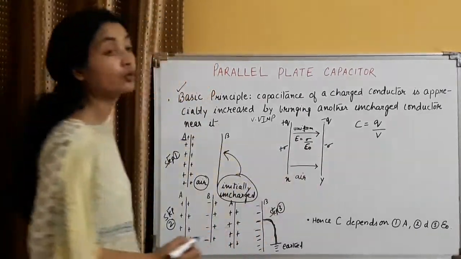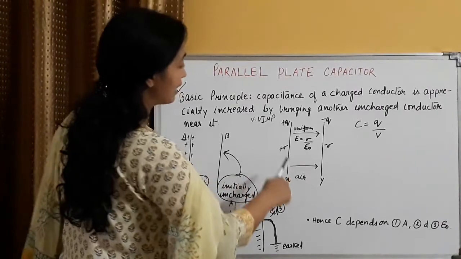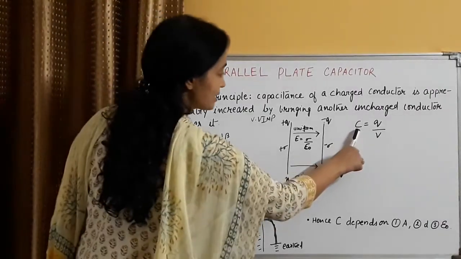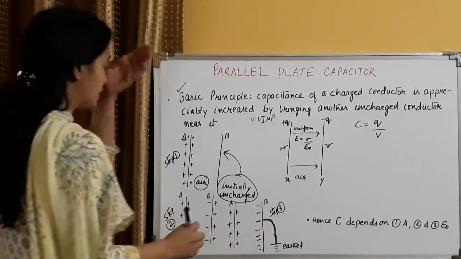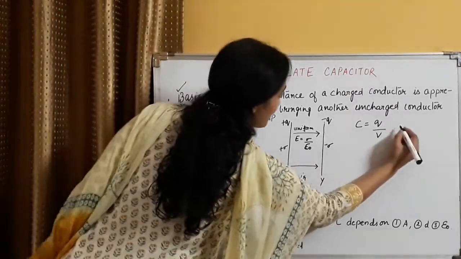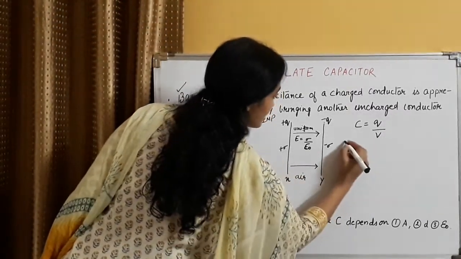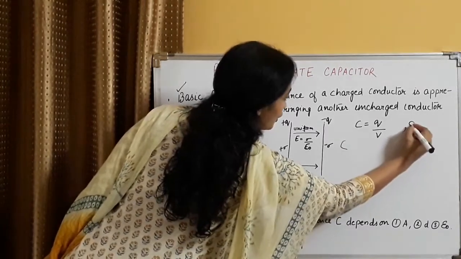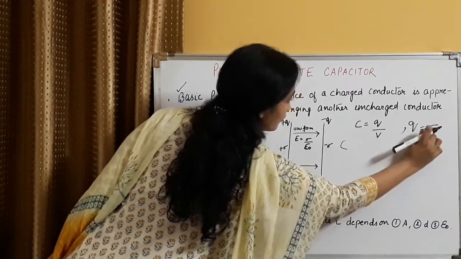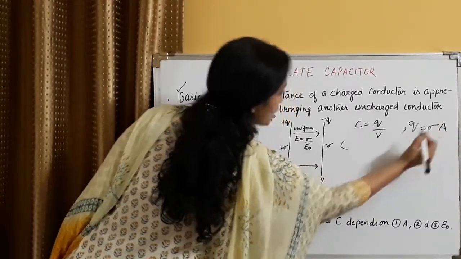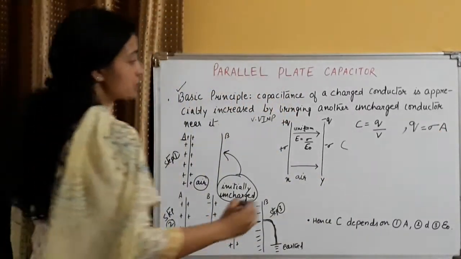Now we want to calculate the capacitance of this parallel plate capacitor. Capacitance, we have already seen, is the ratio of Q by V, charge by potential. Now charge can be written as Q is equal to sigma A, because sigma is equal to charge per unit area.